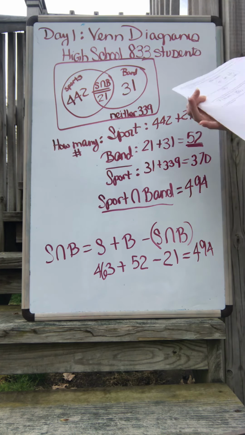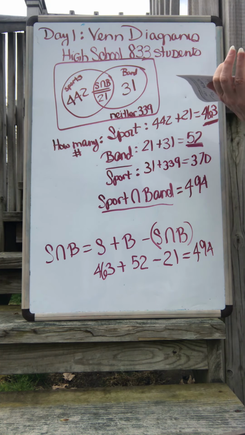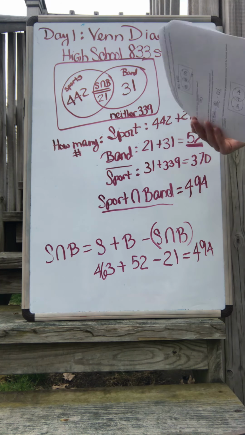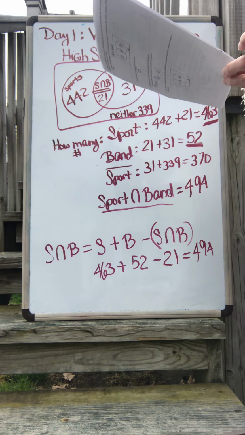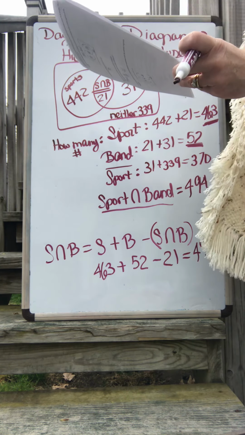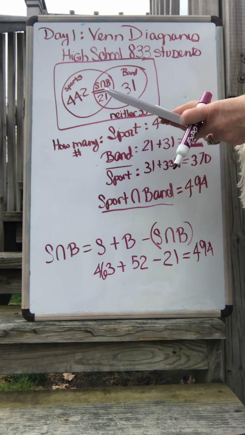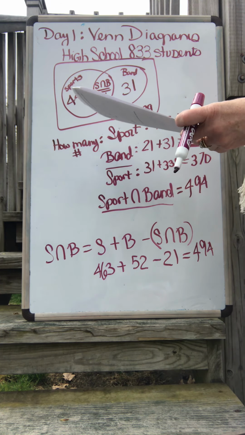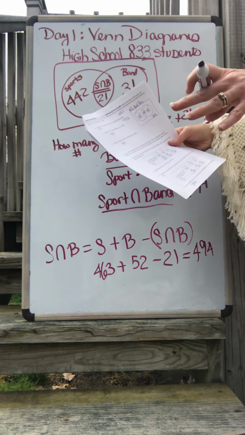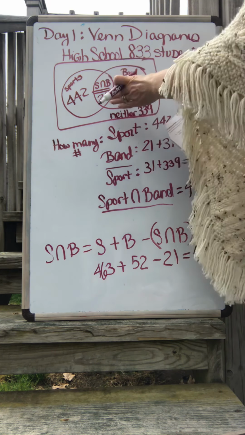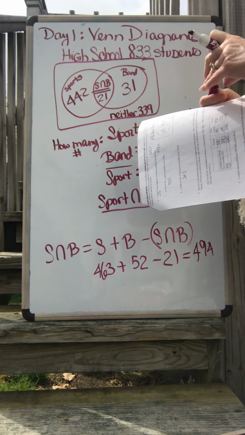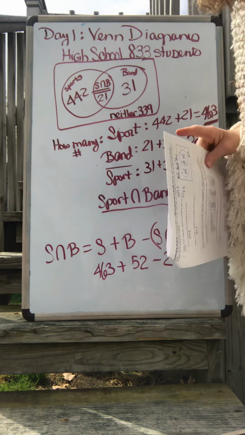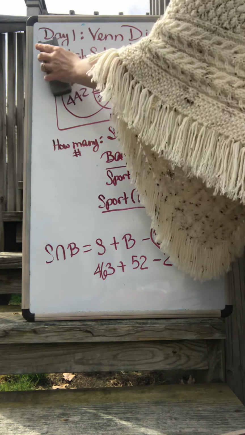And I want to skip number 4 for a minute. I'm going to let you guys do number 4 for homework. What I'm going to do is jump to number 5, because number 5 is going to be the first place that we're going to start taking a Venn diagram and making it into a table, so that we can look at this information not in a picture form but in a table form, because some people really do see things better when they're using a table rather than a picture.